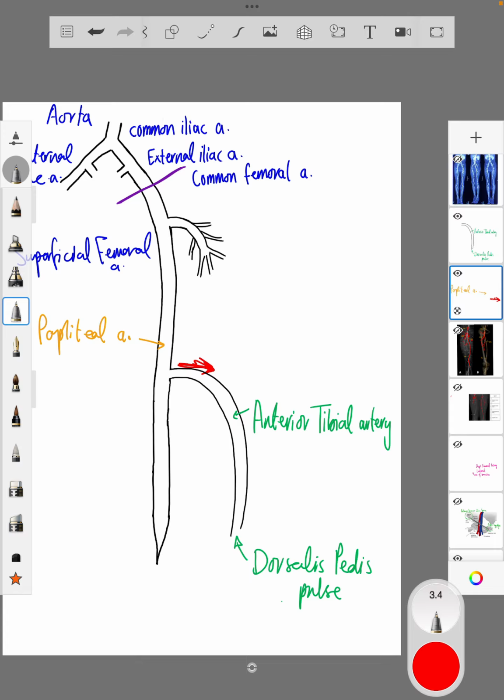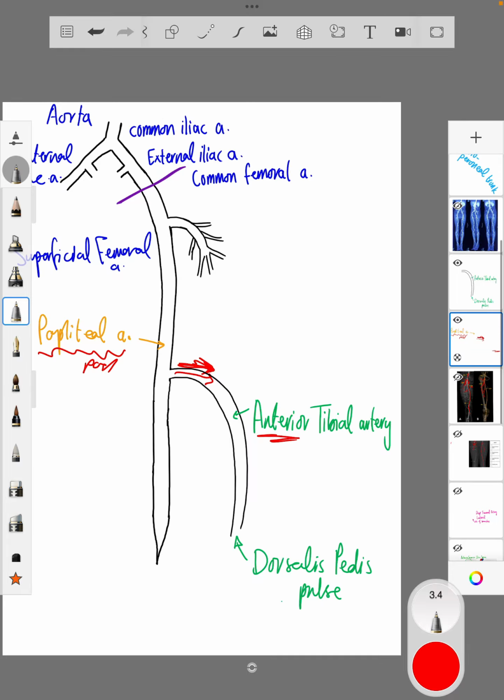This is because the popliteal artery, we can feel it as a pulse right in the back of the knee. So this is posterior, whereas the anterior has to come to the front, right? So that's why it goes far off from the popliteal artery so that it can come to the anterior side.